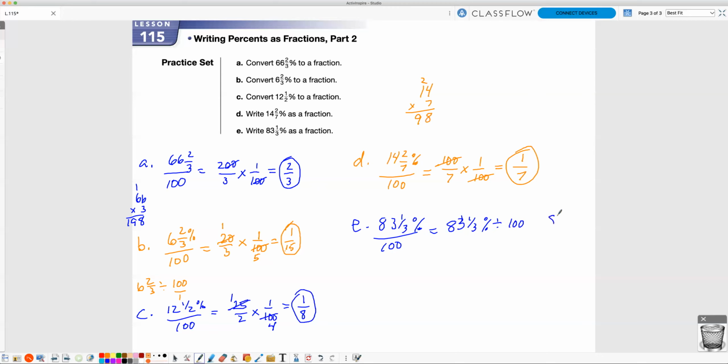I'm going to put 83 times 3 because I need to convert that into an improper fraction. So 83 times 3 would be 249. So 249 plus 1. So that would end up being 250 over 3 as an improper fraction times 1 over 100, because I needed to take times the reciprocal of 100 over 1.